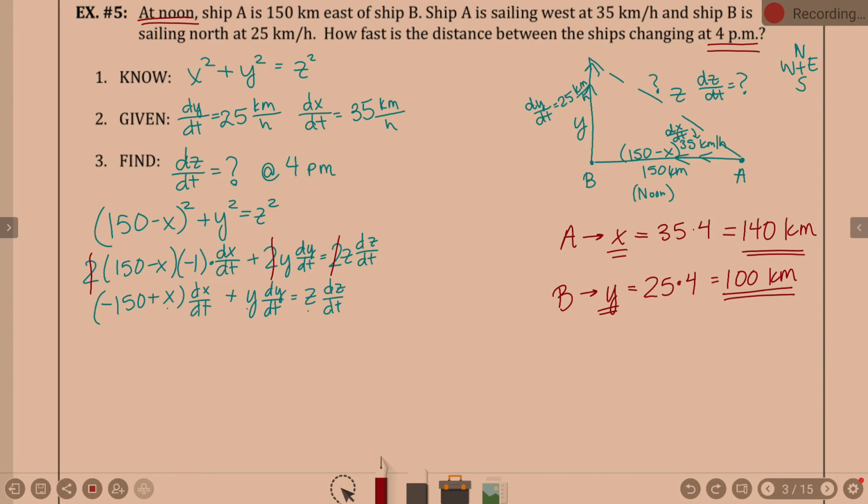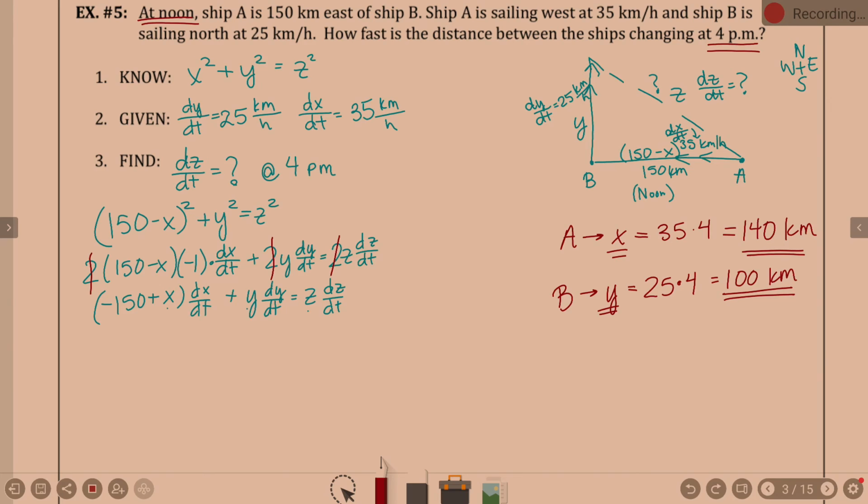What do we still need? We need z, don't we? We don't have a rate or anything there. That's what we're trying to find. So z is the hypotenuse of a right triangle. We're going to use our Pythagorean theorem here to find z.